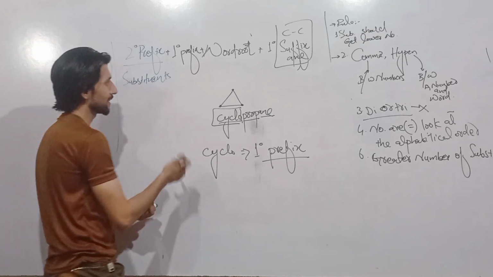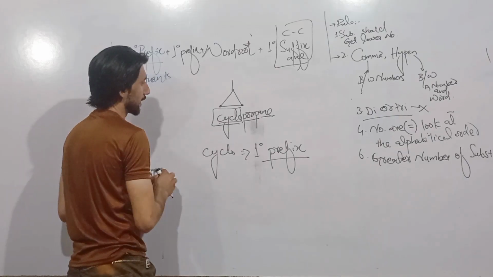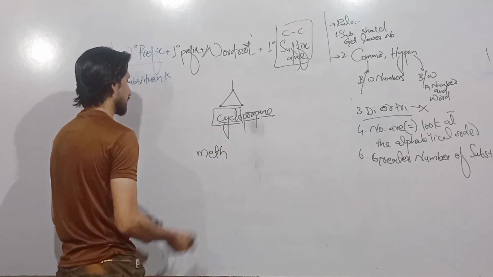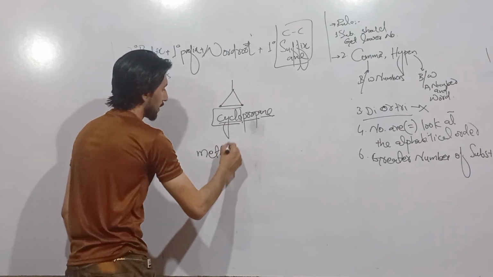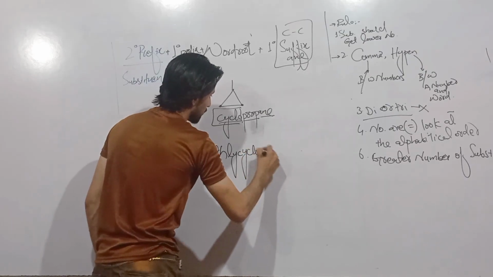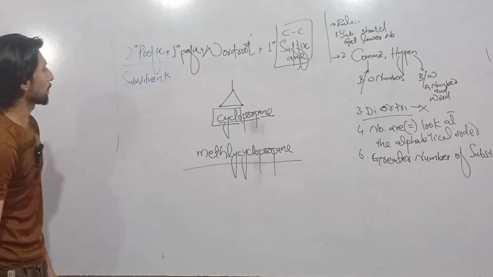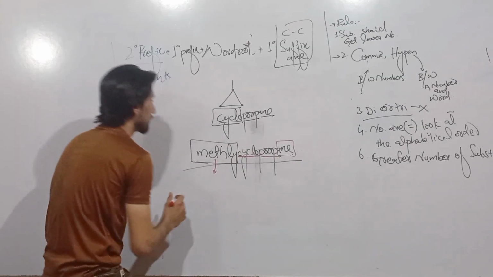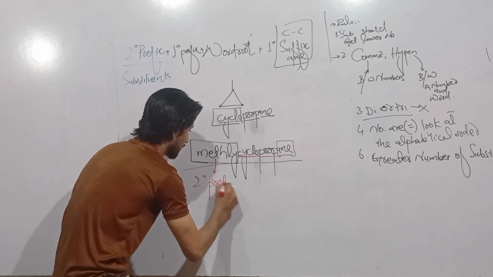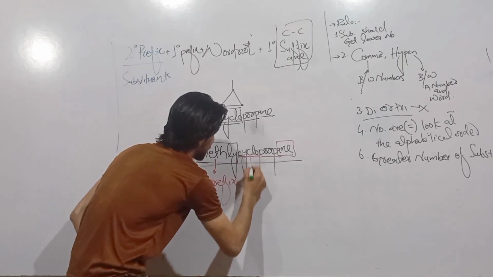Suppose I had a methyl group attached over here. So the name would be methylcyclopropane. It is understood that it is present at carbon number 1. So it is 1-methylcyclopropane. What is methyl? Methyl is my secondary prefix. What is cyclo? The word cyclo is my primary prefix.